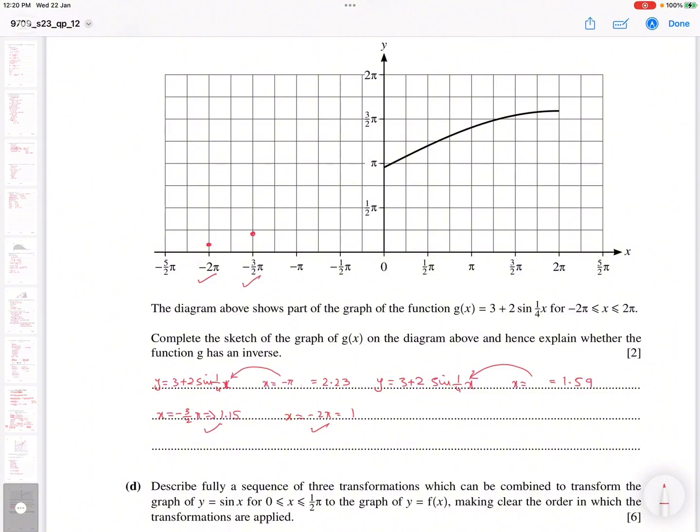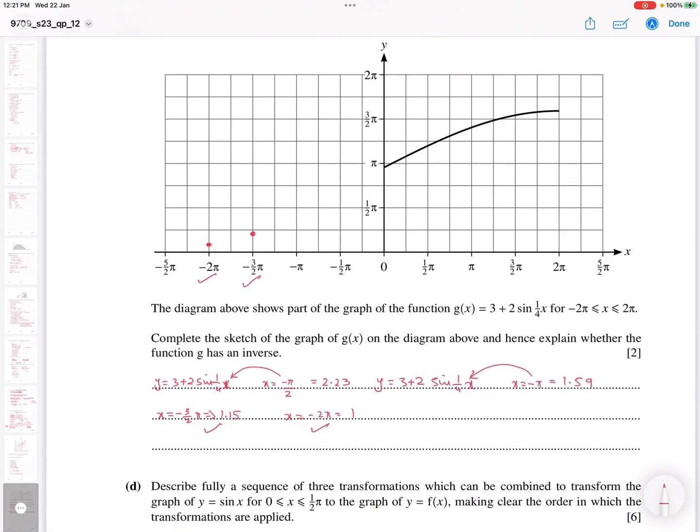Now comes negative pi. This is actually negative pi by 2. And this is negative pi. Now it's okay.